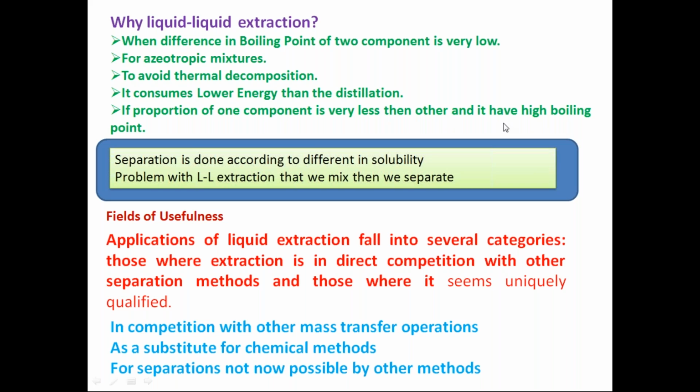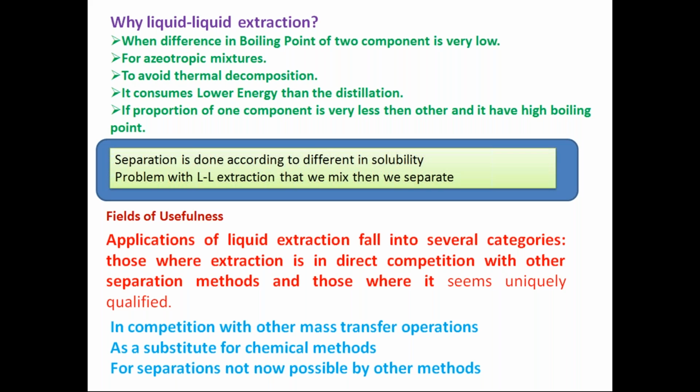See, one component has a very high boiling point and another component has a low boiling point. They can be separated very easily, but the proportion is very low. If the low-proportion component has a high boiling point, then conventional distillation is not advisable. Then you have to go for liquid extraction. Okay, so these are the certain reasons why liquid extraction is required.